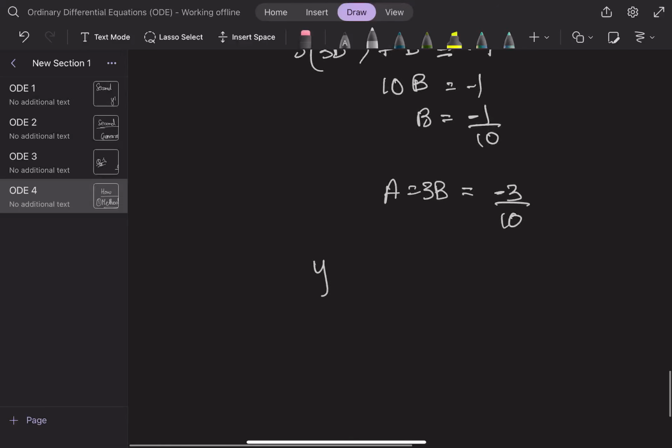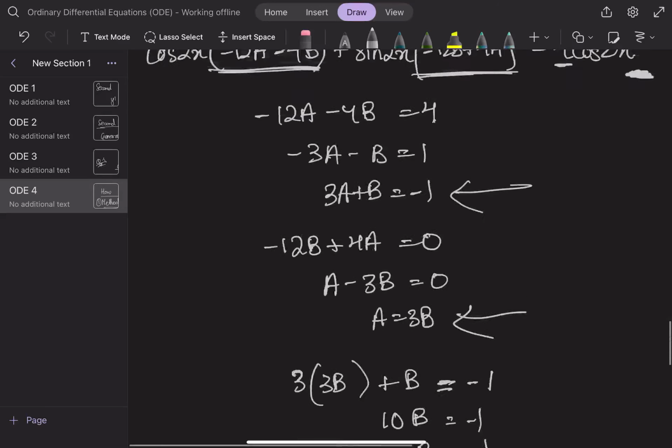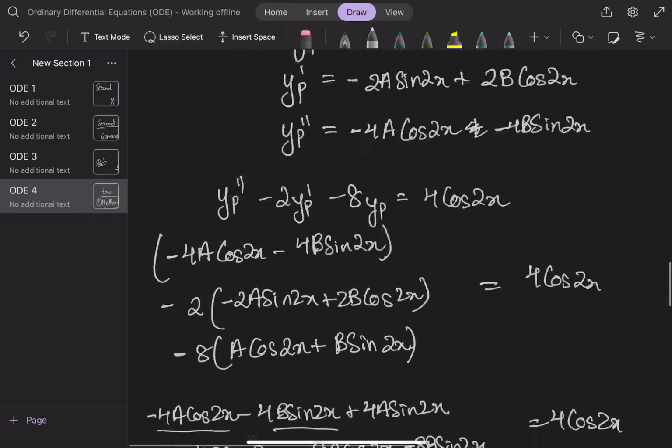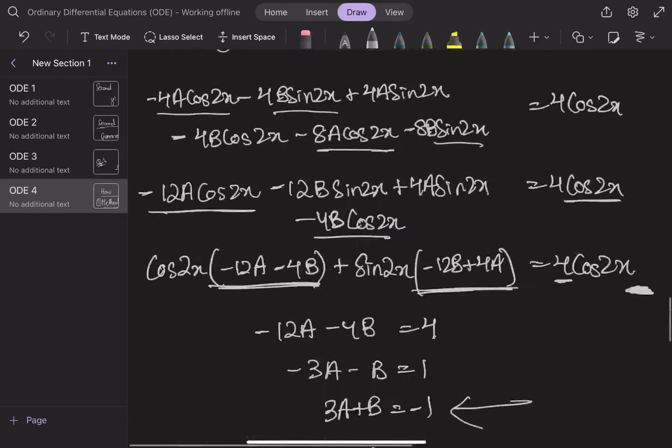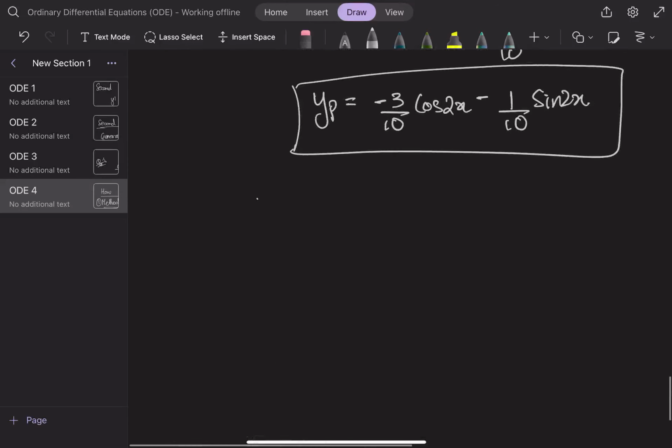So your answer for yp will be minus 3 by 10 cos 2x minus 1 by 10 sin 2x. This is your yp, and earlier we calculated our yc. Now if you remember from the first lecture, y is equal to yc plus yp.